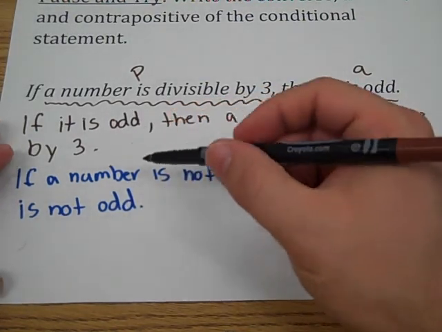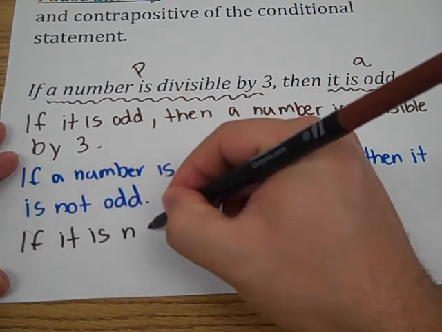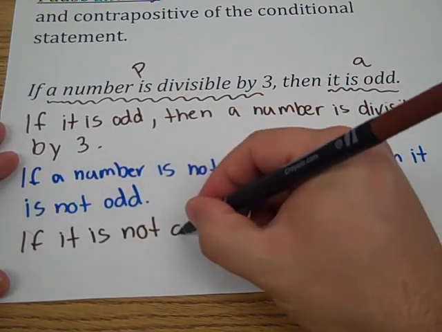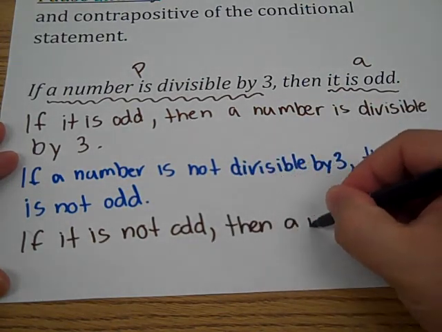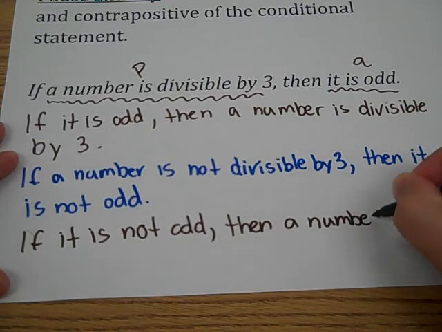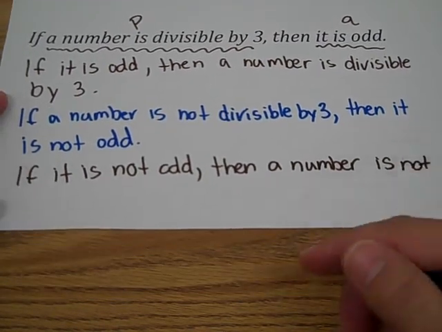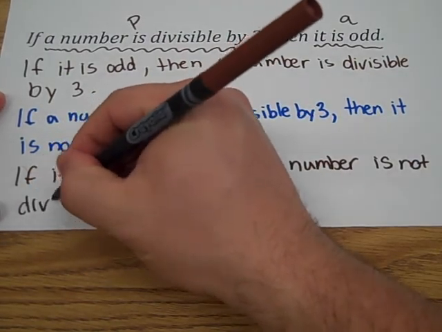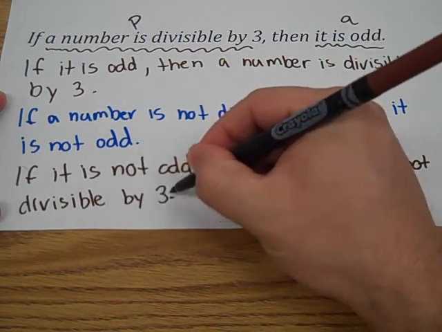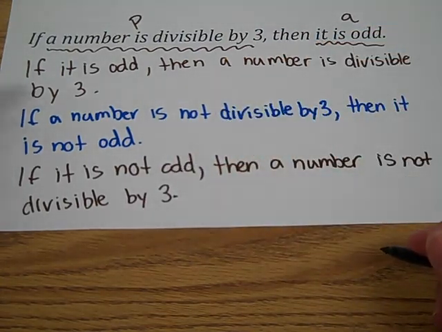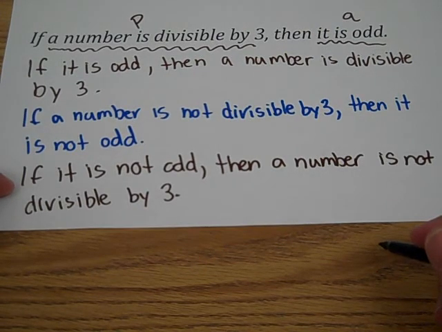So I will say, if it is not odd, then a number is not divisible by 3. So again, converse, inverse, a combination of both, the contrapositive.